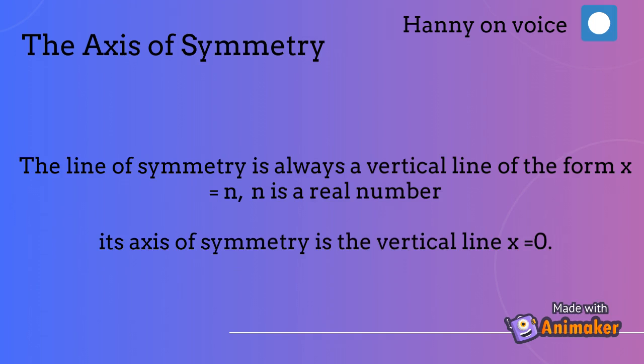Let me repeat it once more. The line of symmetry is always a vertical line of the form x equals n, where n is a real number, and its axis of symmetry is the vertical line x equals 0.